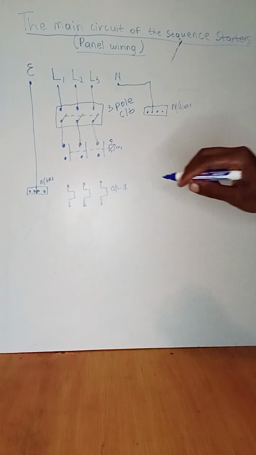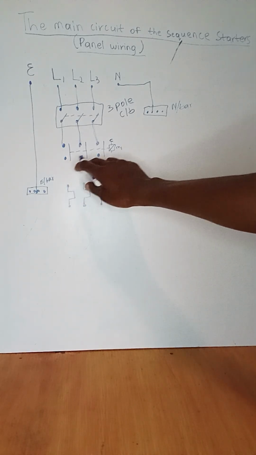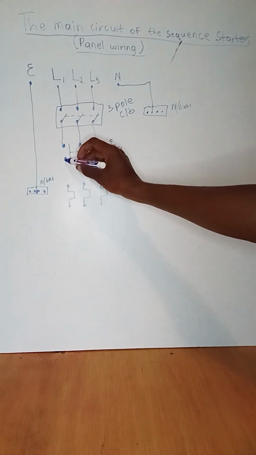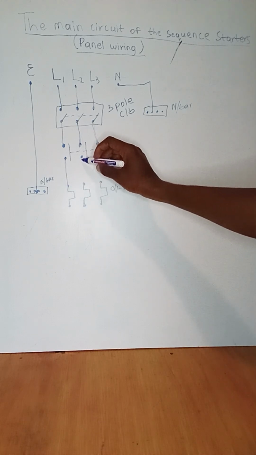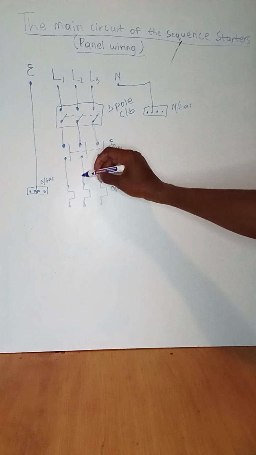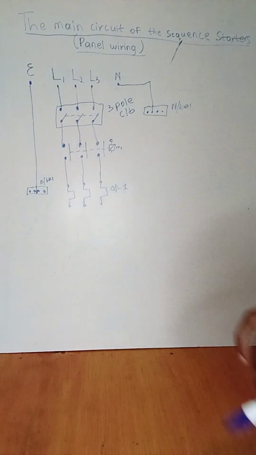Right, from there, our supply from the output of the contactor of motor 1 will go to the in point of the overload, live 1 to the first point, live 2 second point, live 3 third point.